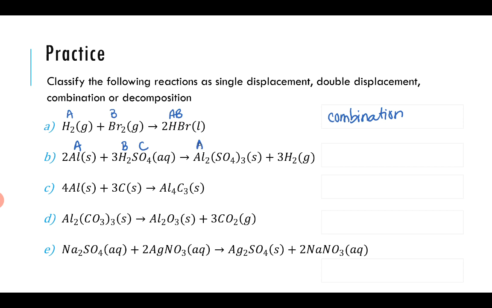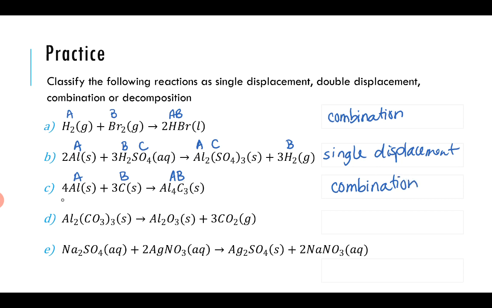And then in the product side, we have aluminum bonded to sulfate, and then B is by itself. And so that is a single displacement. Here we have two separate things, A and B, bonding together. And so that is another combination reaction.